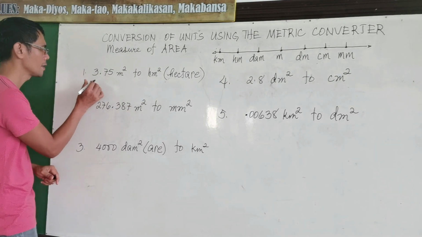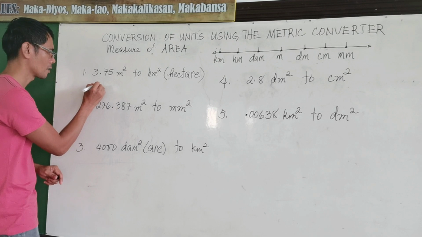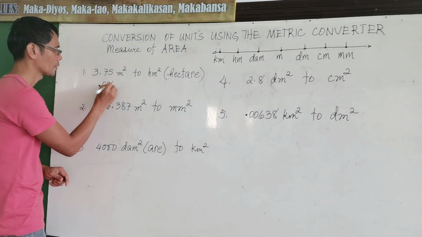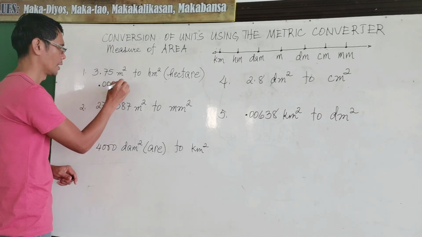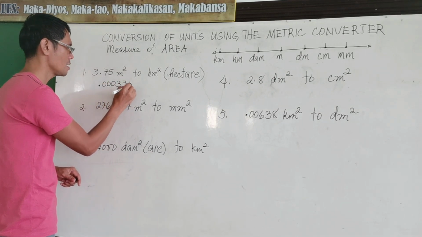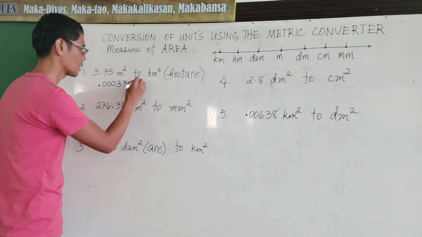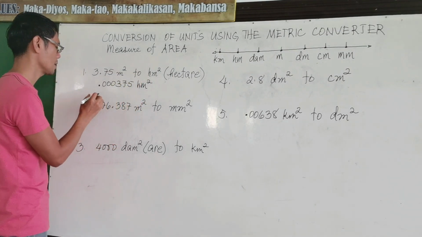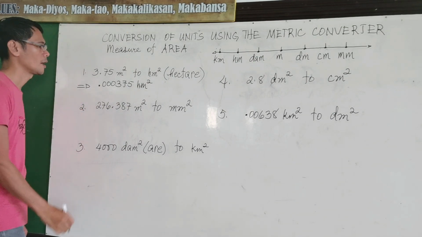So 1, so we still have three 0s. So point, 1, 2, 3, then 4. Then we have 75 hectare or HM square. Okay.